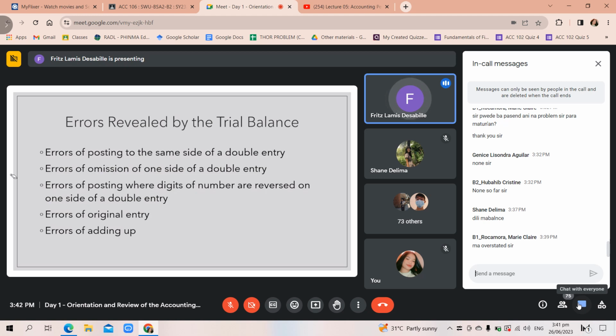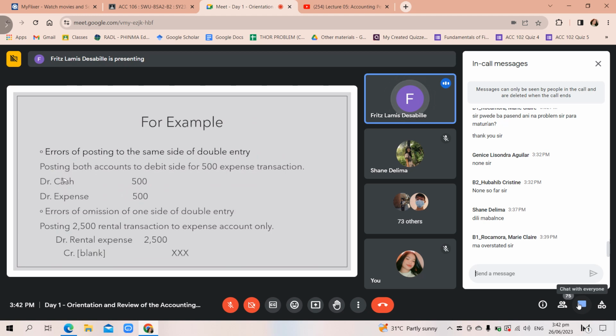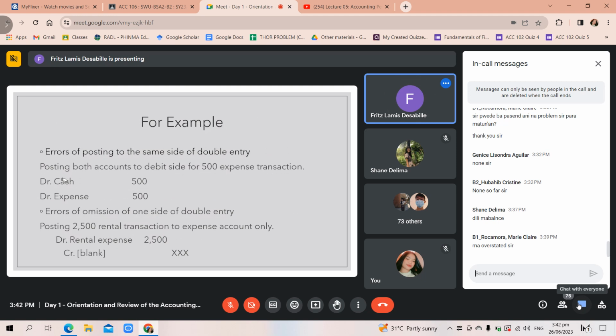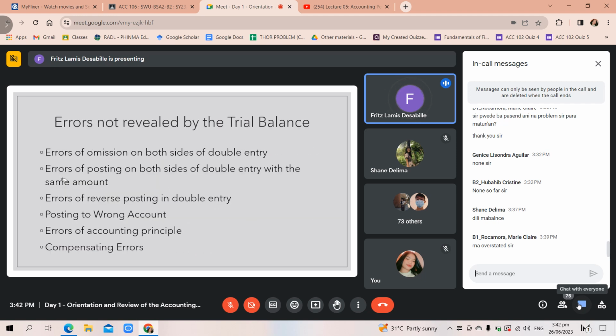And if there are errors revealed by the trial balance, there are also errors not revealed by the trial balance. Nag-example lang ako ganina. Errors not revealed by the trial balance.